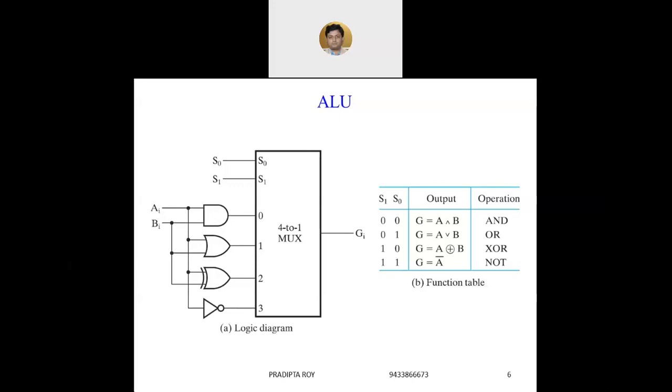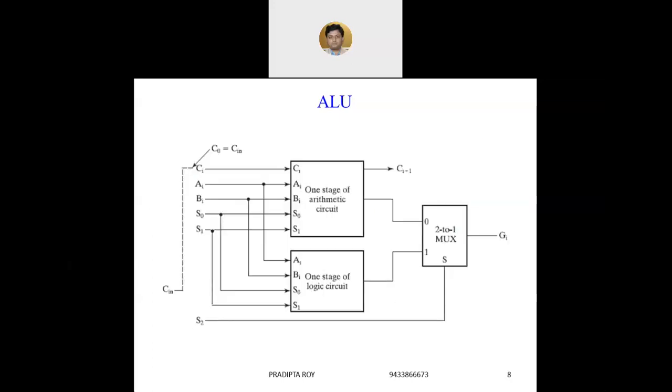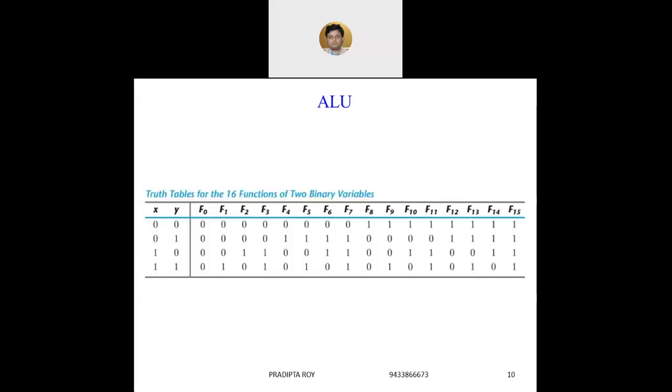But actually, with 2 variables, we can have 16 such logic operations. For 16 such logic operations, we require 4 select lines. So 4 select lines will be able to choose any one input line out of those 16 operations.